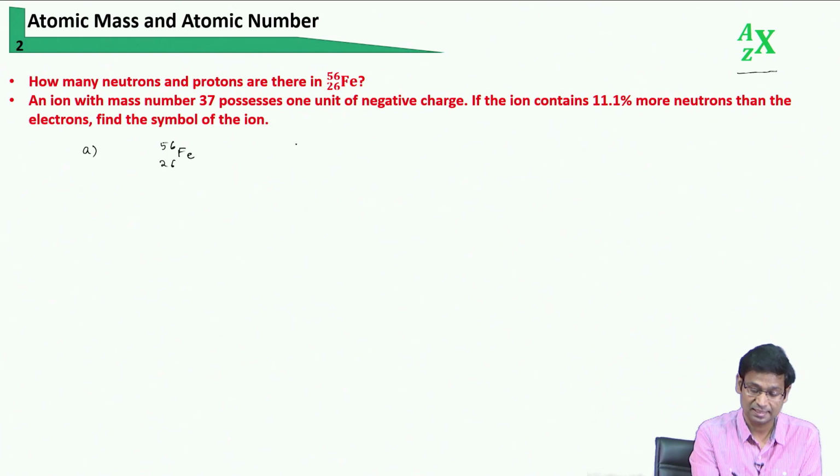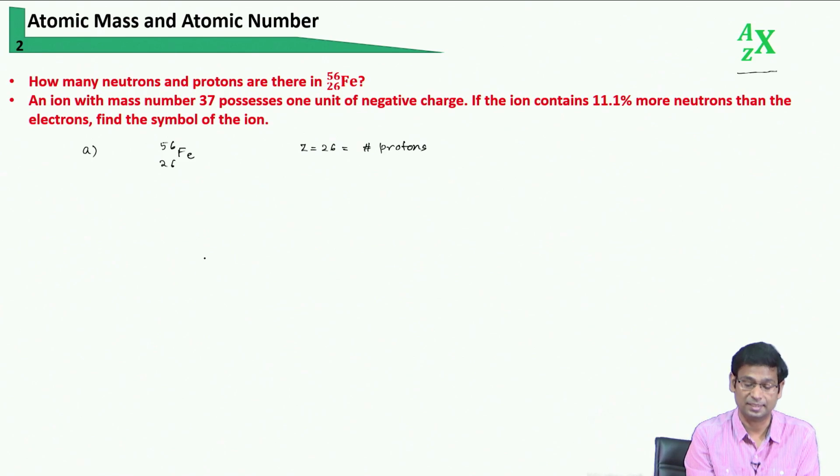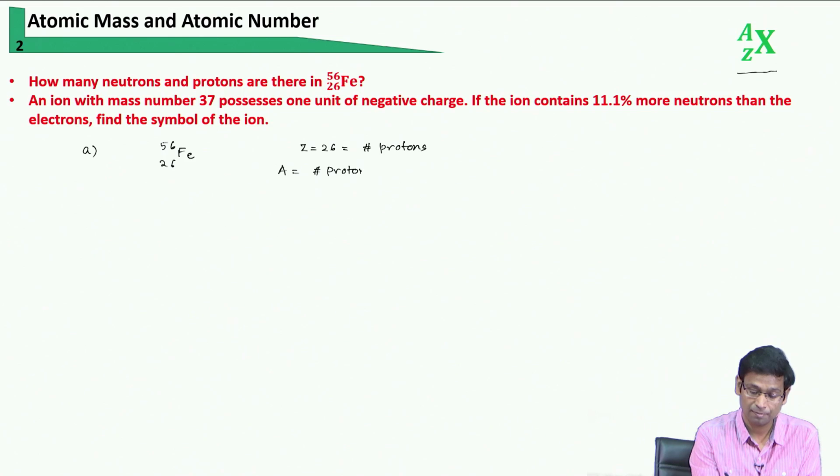When you see Z is 26, Z is the atomic number, which is also the number of protons. So you immediately know by looking at this value that the number of protons is 26, but its mass number is 56. The mass number is the number of protons plus the number of neutrons.